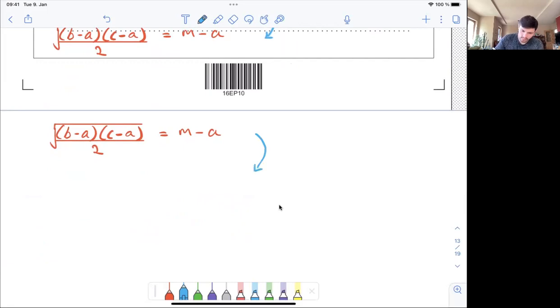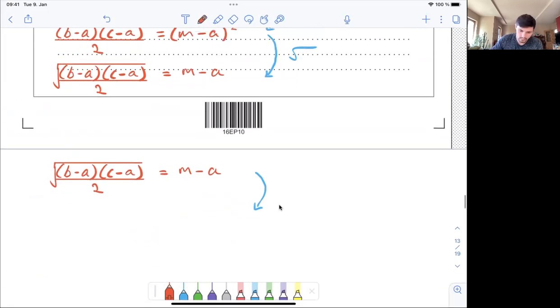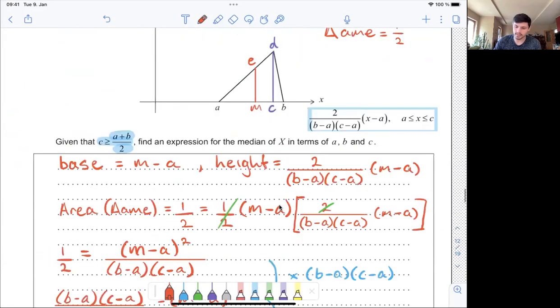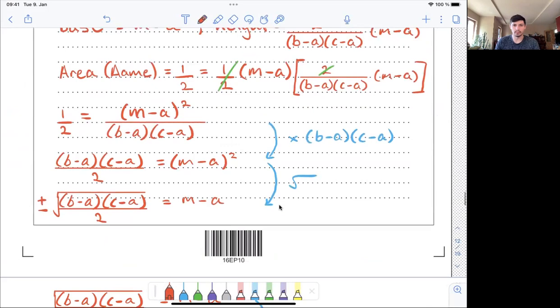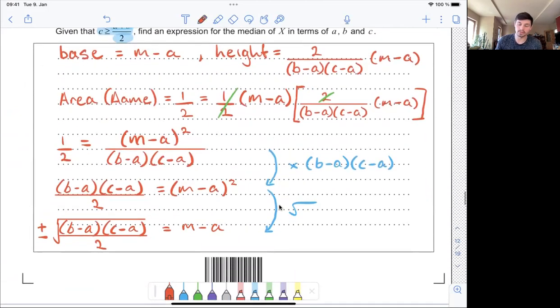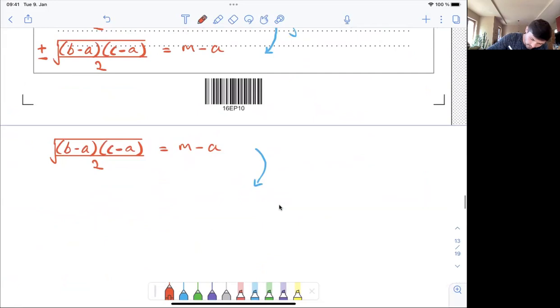Actually, what I need to do is, if we're taking the square root of anything, we have to remember to lob in our plus and minus sign. We end up only needing the positive version of this, since M is greater than A, so we need it to be the positive version, but it's good practice to always lob that in.